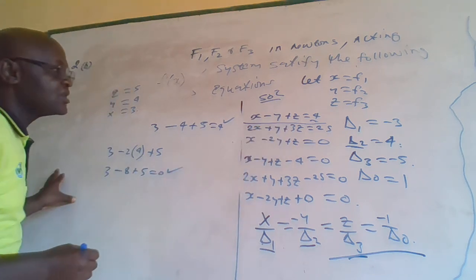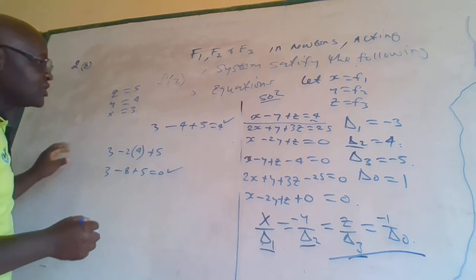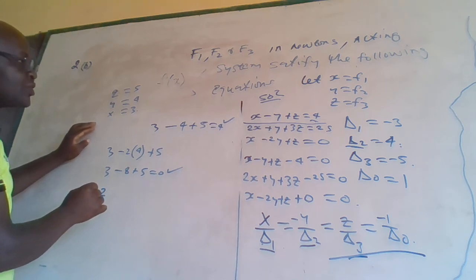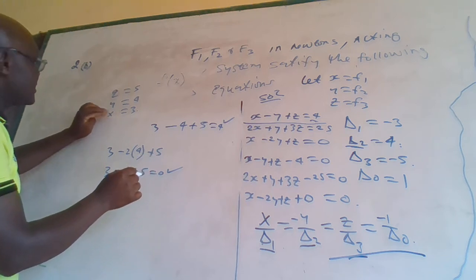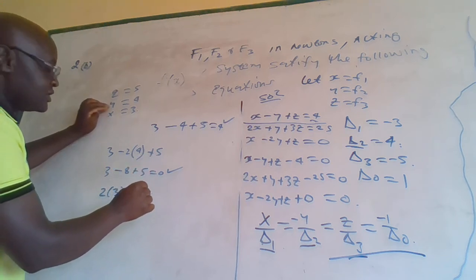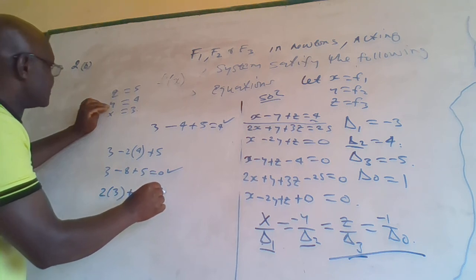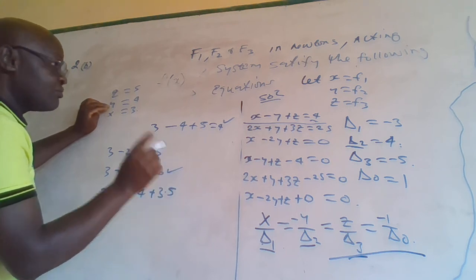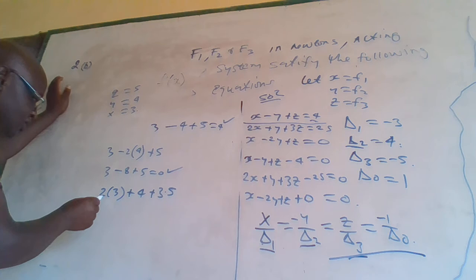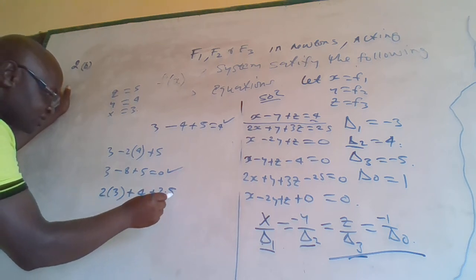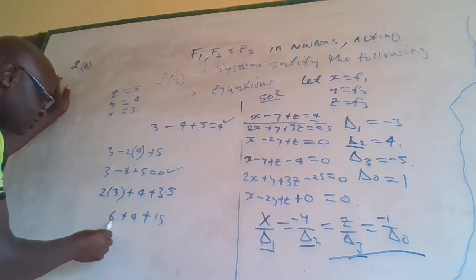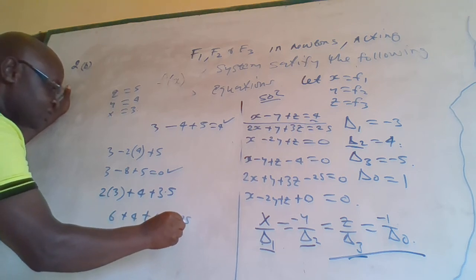Let us confirm the middle equation. 2 into x, which is 3, plus y, which is 4, then plus 3z, z is 5. It must give us 25. Let us see. 2 times 3 is 6, plus 4, 3 times 5 is 15. 6 plus 4 is 10, plus 15 is 25.